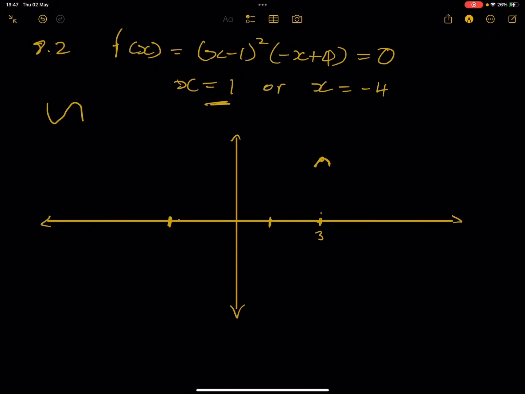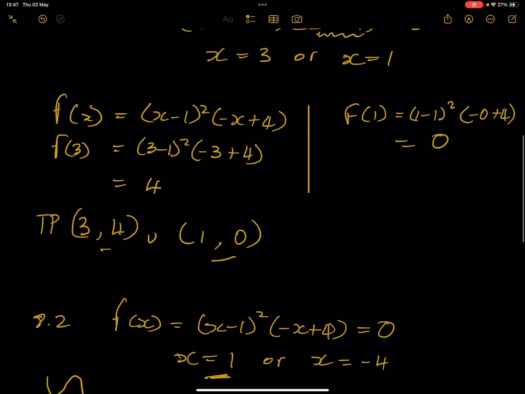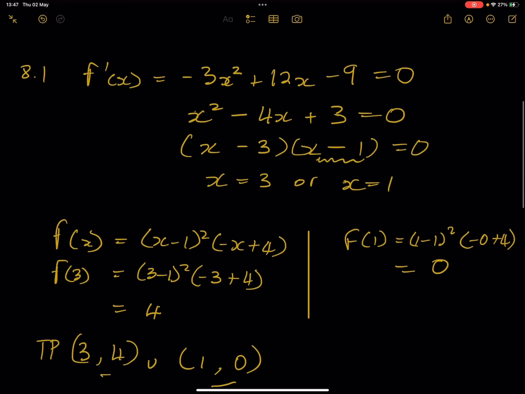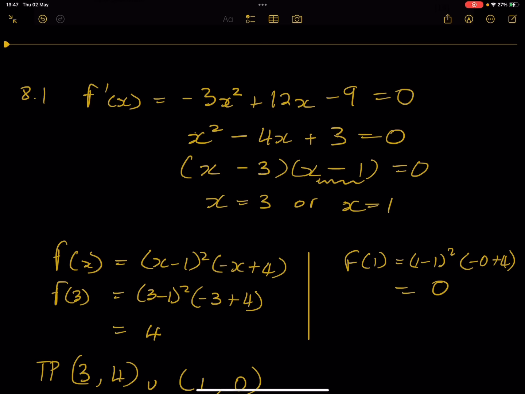Something is not making sense here. So x is equal to 3, x is equal to 1. Are we clear about that?